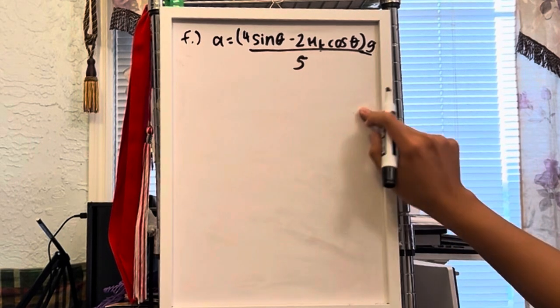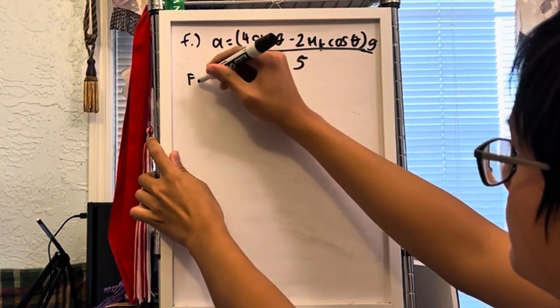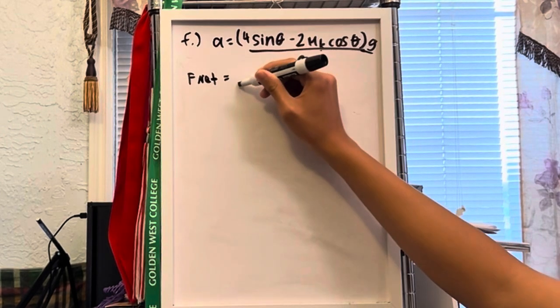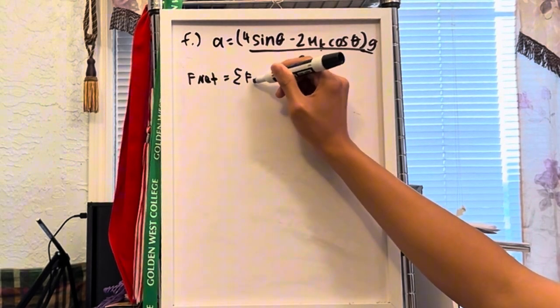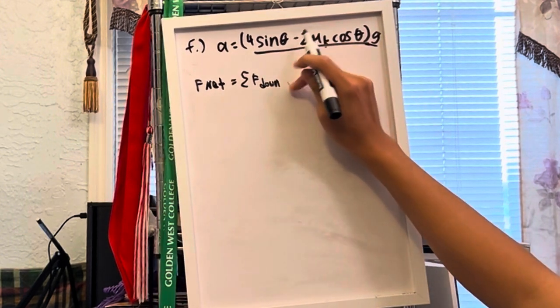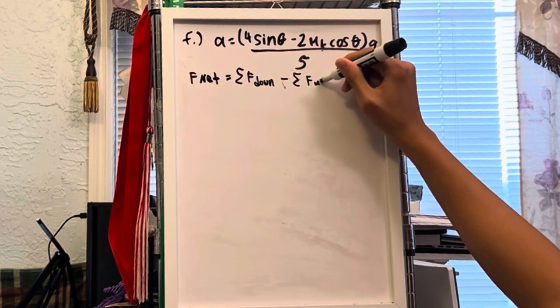Now to prove this equation, I'm going to start off with the net force, and that's going to be equal to the sum of the forces going down the ramp minus the forces going up the ramp, which is going against that motion. Right?